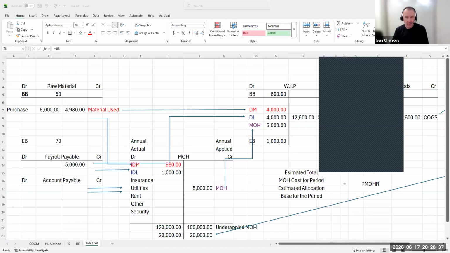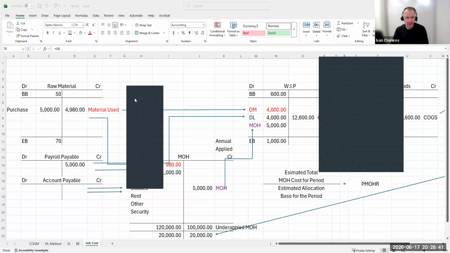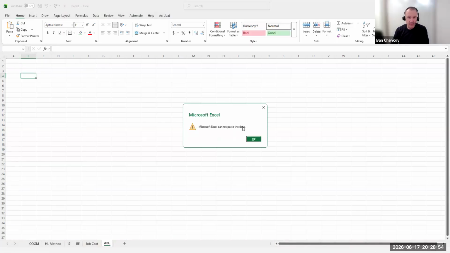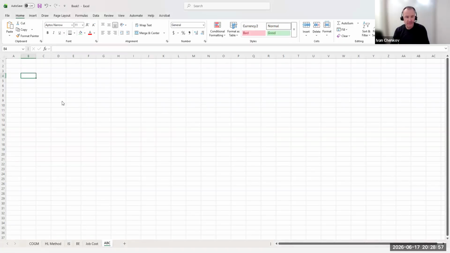Let me copy this one from the slides and flip it to the Excel spreadsheet. You're still seeing the Excel spreadsheet, correct? Activity-based costing. So you're going to have this kind of information, not that kind of information, this kind of information.